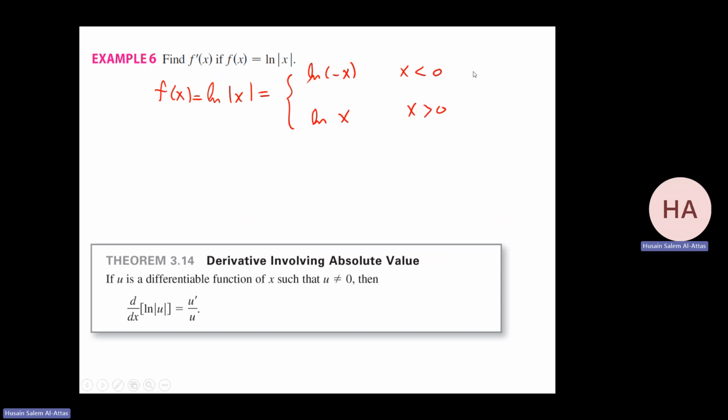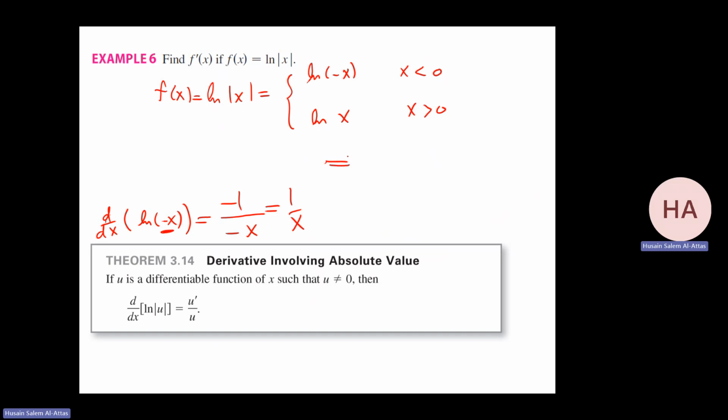Now, what is the derivative? D over dx of ln of minus x. According to the rule, that will be 1 over minus x times derivative of this, which is minus 1. I am back to 1 over x.